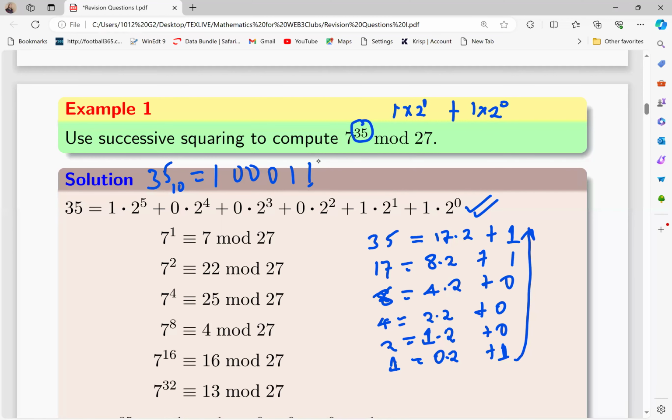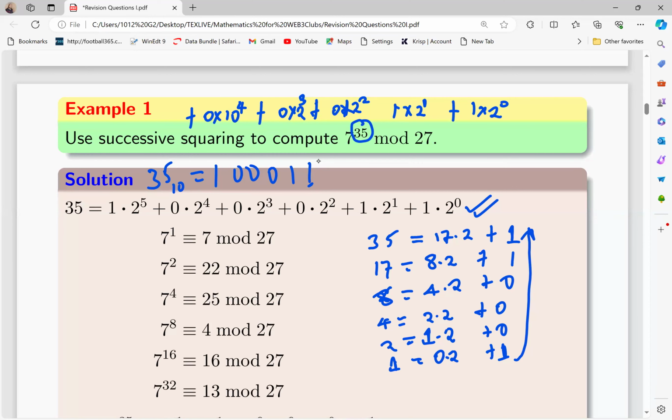So it's this number times 2 raised to 0, this number times 2 raised to 1, this number, 0 times 2 raised to 2, then this number, 0 times 2 raised to 3, then this other 0, 0 times 2 raised to 4.